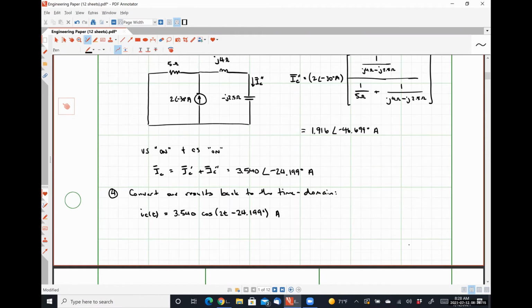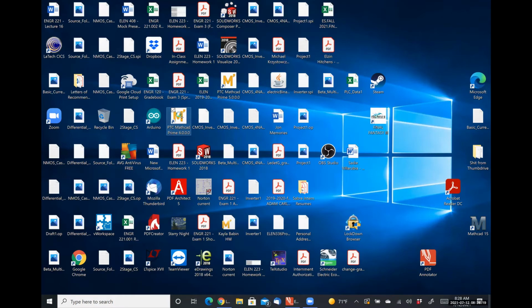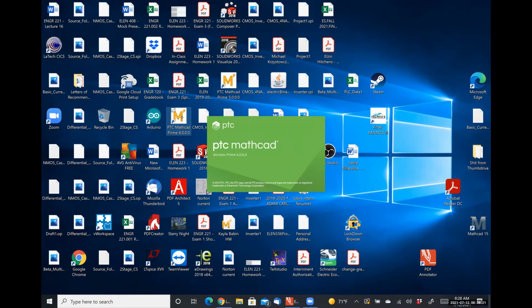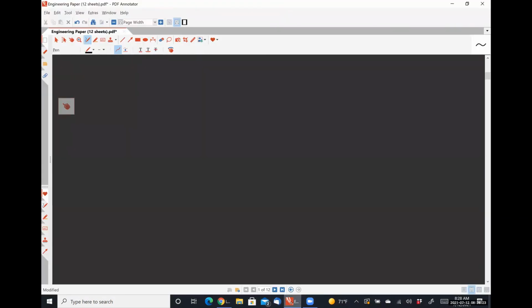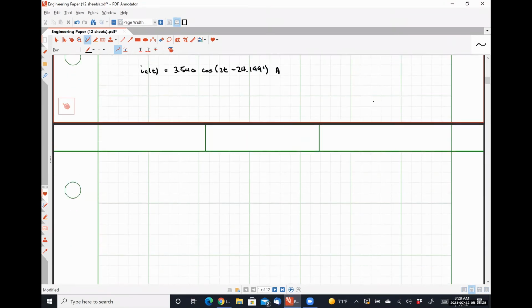And let me go ahead and get MathCAD pulling up in the background. So this is going to be step 3. I'm going to put a star by it because we're doing the same thing, but in a different way.